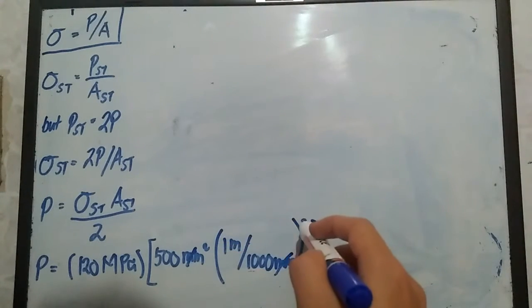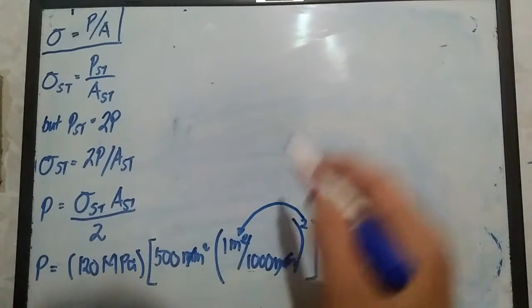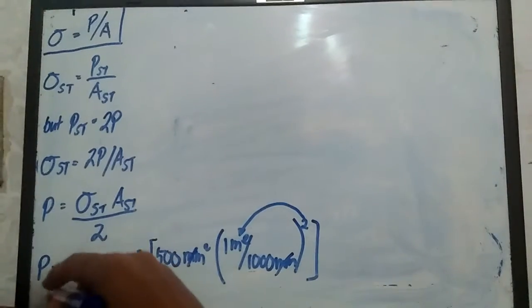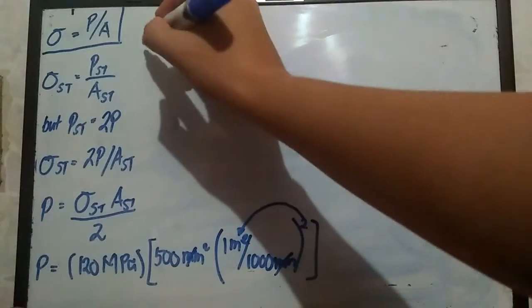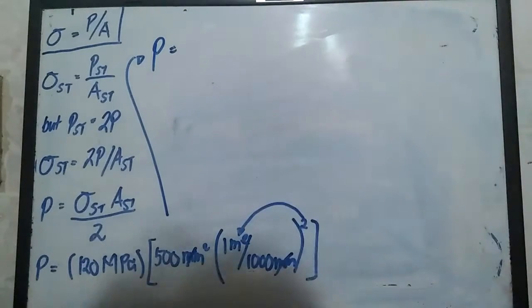The only remaining unit for this one is square meters. Simply distributing that here, simple algebra. So solving for this one, P is equal to 30,000 newtons.